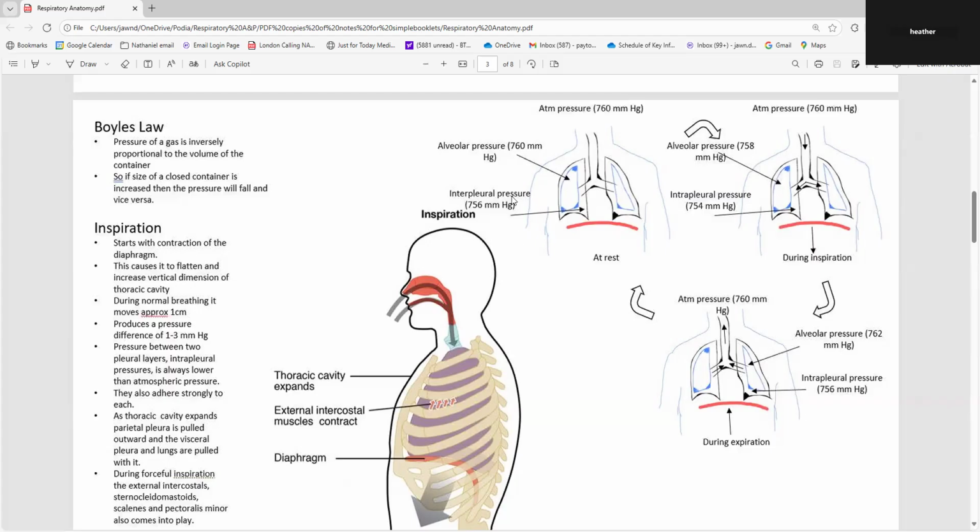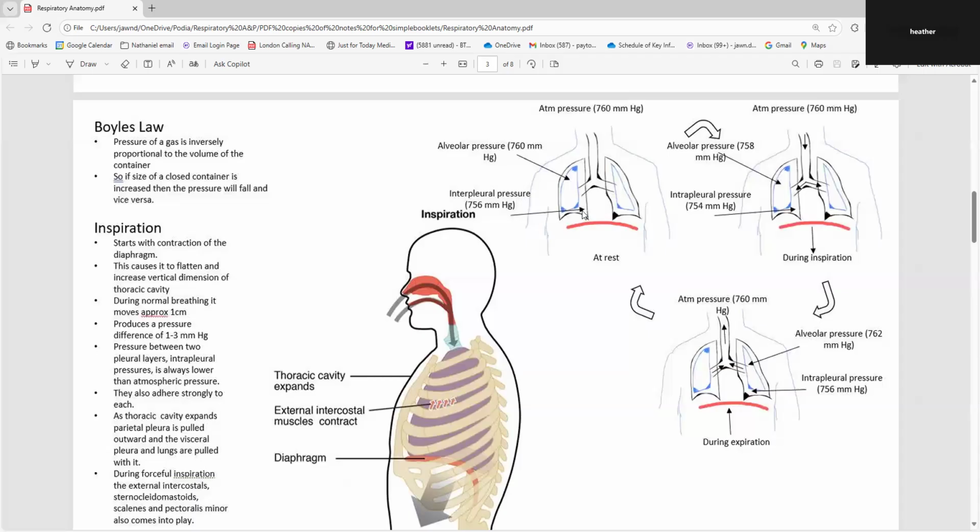The intrapleural pressure, remember the pleural membrane is a lining that goes all the way around the lungs. It's got two layers, the visceral layer and the parietal layer, and there's just fluid in between. That creates a little bit of stretch anyway. It's kind of pulling on the lungs and pulling on the chest wall, so it pulls the lungs out and pulls the chest wall towards the lungs, which just helps keep those lungs open a little bit.